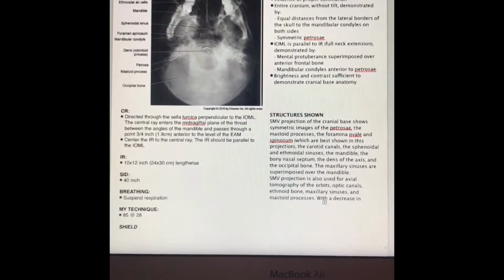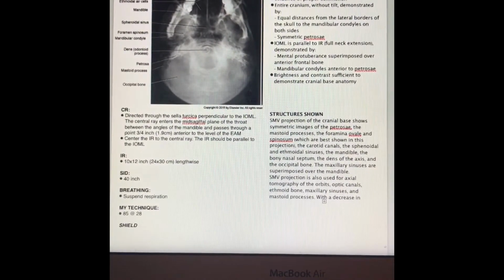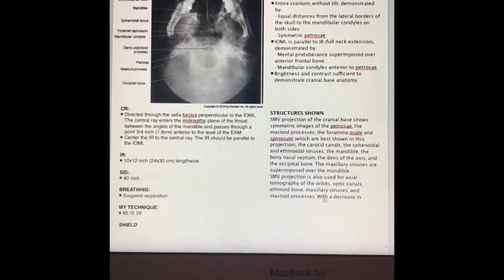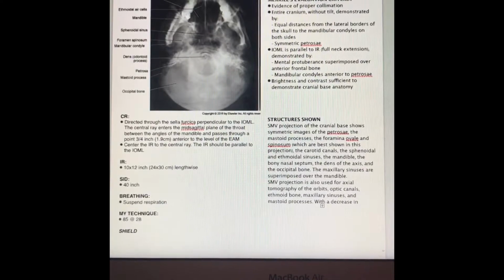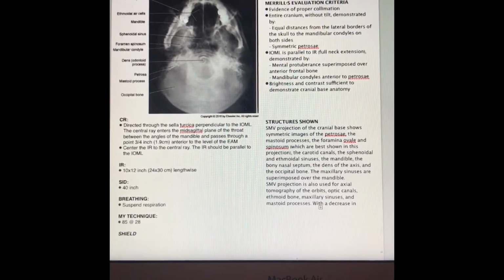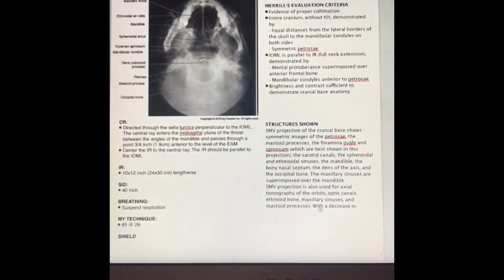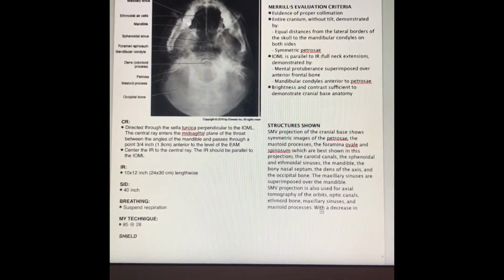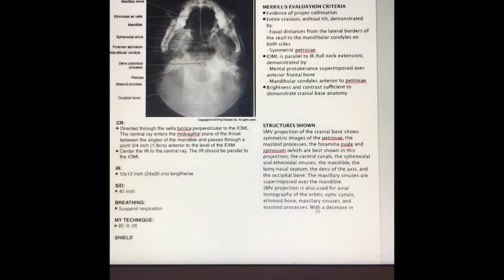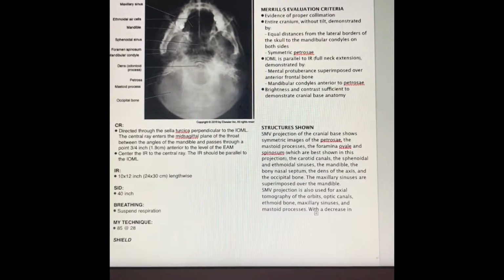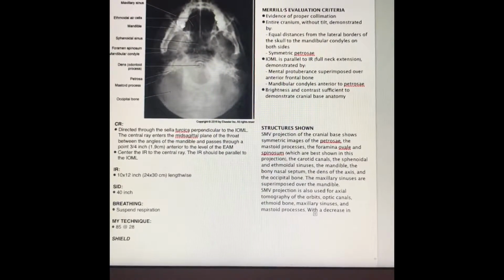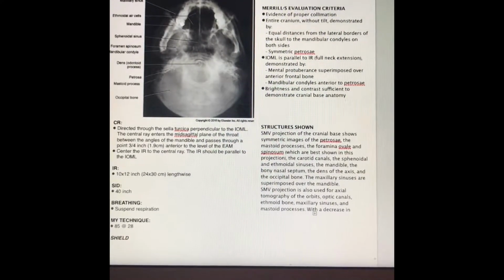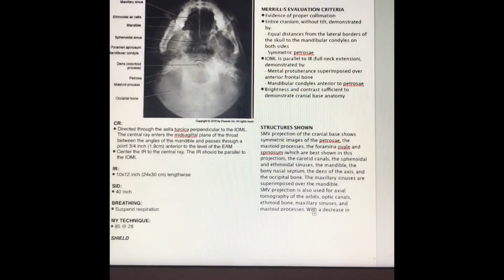This is a submentovertical projection, SMV Schuller method. Merrill's evaluation criteria for this image is we need to have evidence of proper collimation, and we have proper collimation. We need to see entire cranium without tilt demonstrated by equal distances from the lateral borders of the skull to the mandibular condyles on both sides, and symmetric petrosae.